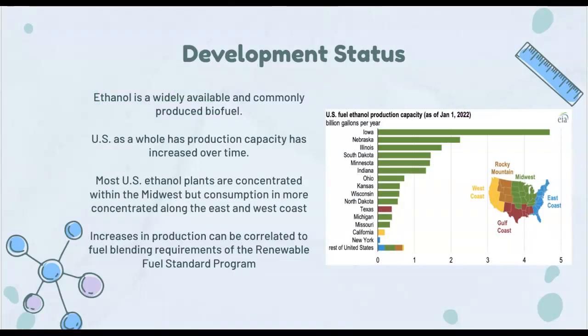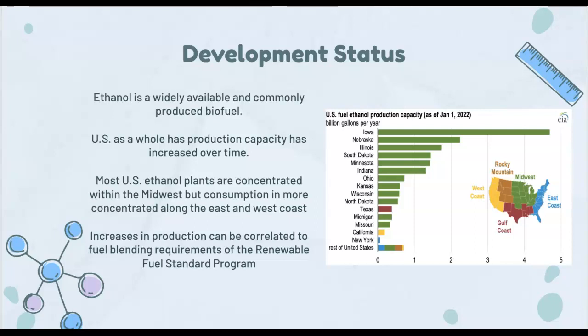Developmental status of ethanol. Ethanol is a widely available and commonly produced biofuel. It has increased within the United States as a whole over time, as can be seen here.